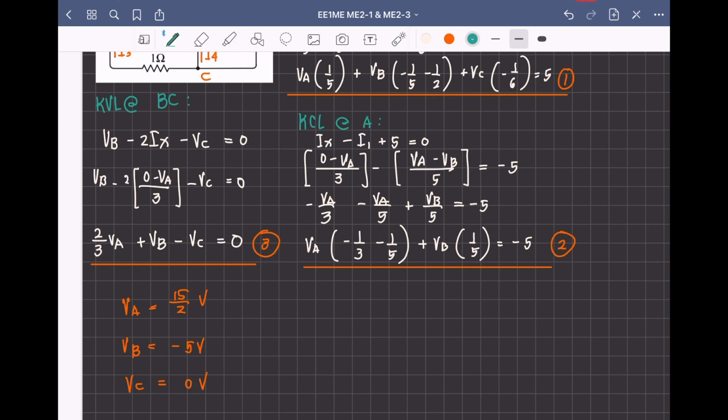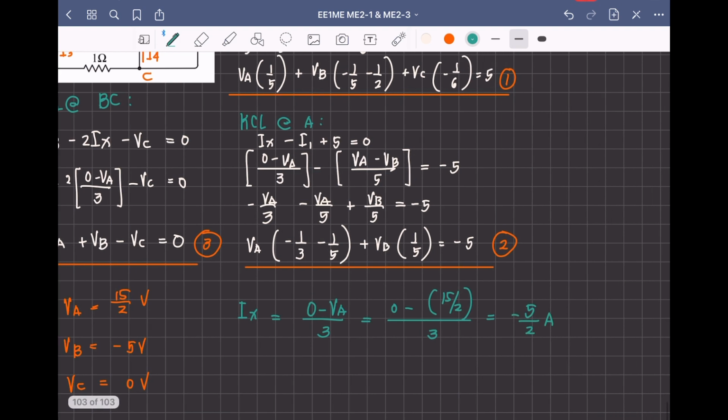For IX, tracing IX, that's 0 minus VA over 3. So, substituting, that's 0 minus VA, which is 15 over 2, all over 3 ohms, you'll be able to solve for IX. IX is equivalent to negative 5 halves amperes or simply negative 2.5 amperes.